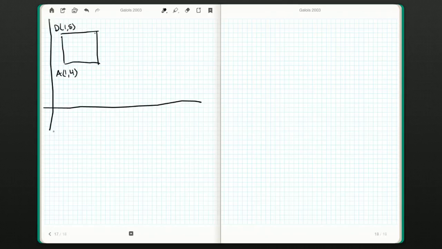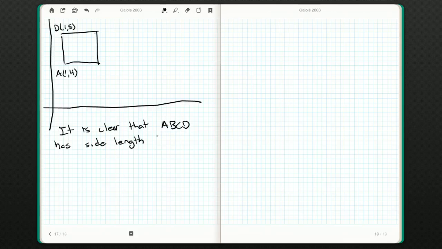And I'm going to write it so it's clear we have a side length of 4.